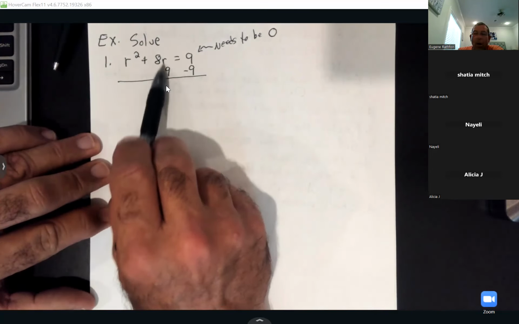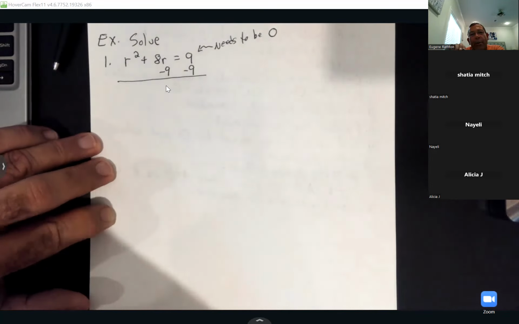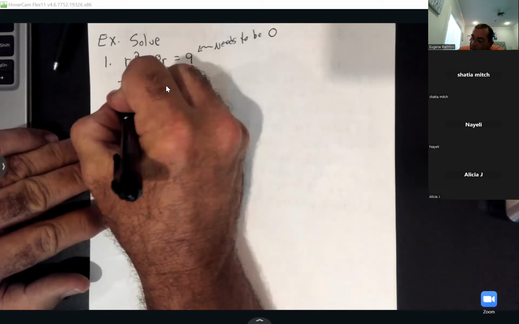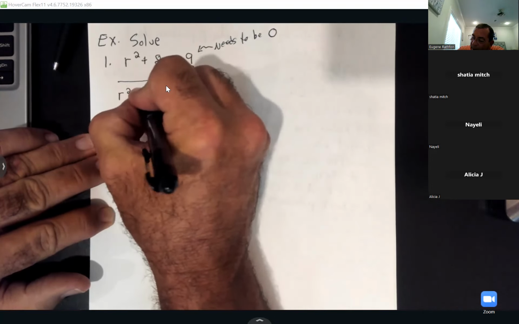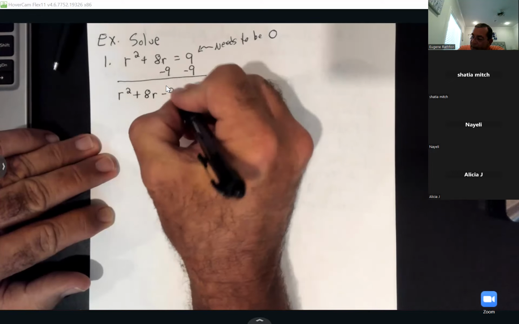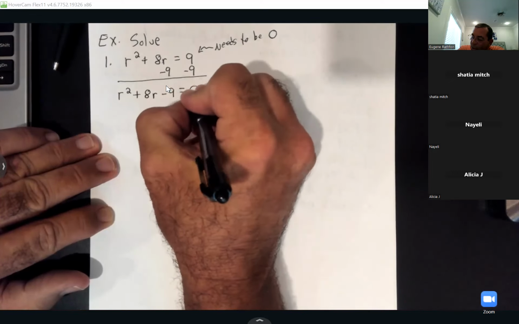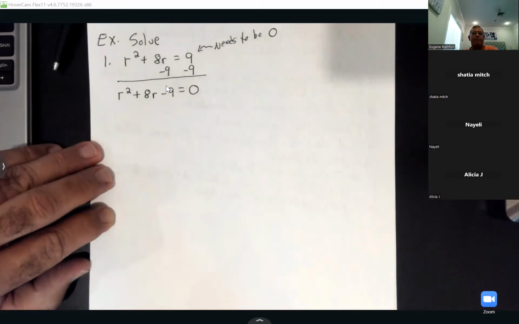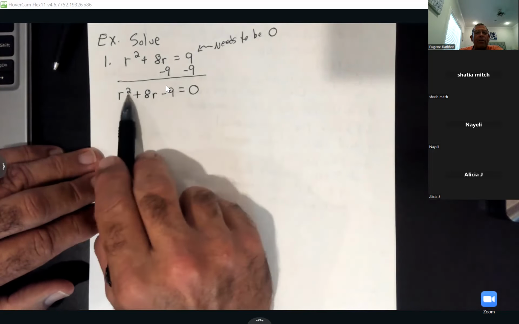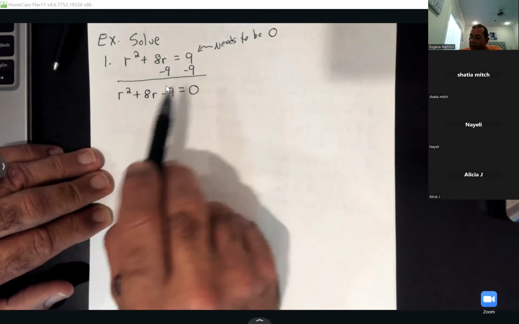Now notice, no like terms, but I'm going to put them in descending order. I got my r squared plus my 8r minus my 9 is all going to equal 0. So now everything's on one side equal to 0.